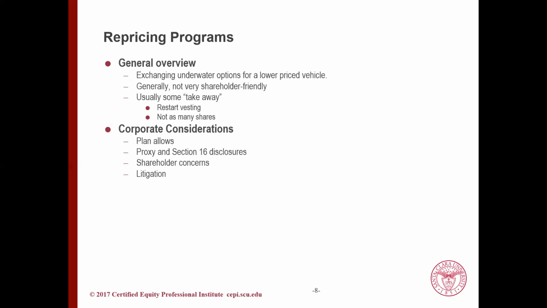Shareholders may object to repricings, and companies must weigh whether the potential for negative reaction and even lawsuits by shareholders, particularly institutional shareholders, is worth the trade-off. Replacement grants will often be less generous than the original grant, in part to assuage shareholder concerns and sometimes because the company is trying to avoid additional accounting expense.